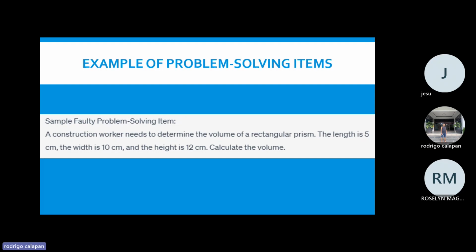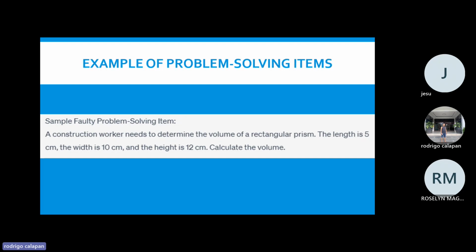So in this case, it assumes that the students know the formula, no? And the correct procedure for calculating volume. And without explicit instruction, this may lead to confusion and inconsistent responses. Okay lang kung naturo mo na yung formula on how to calculate the volume of a rectangular prism.